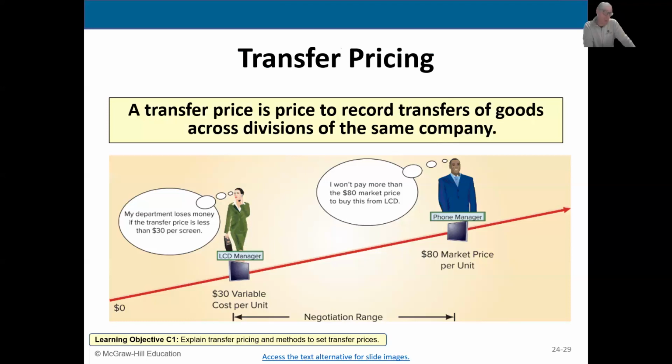The low transfer price is the variable cost of manufacturing that product. The variable cost per unit of an LCD TV is $30. The cost cannot go below $30.